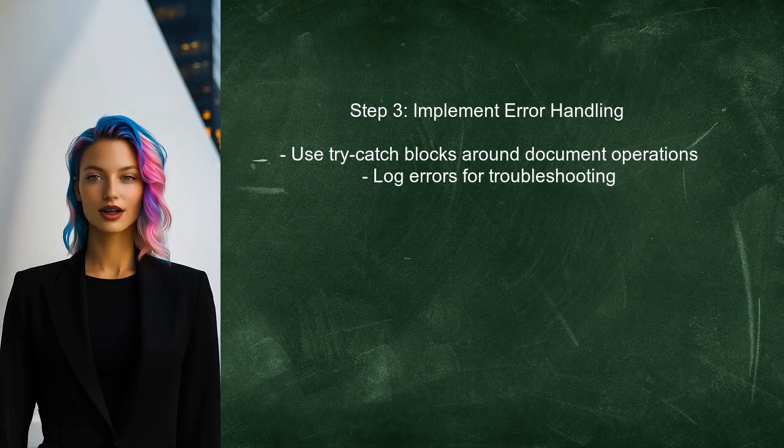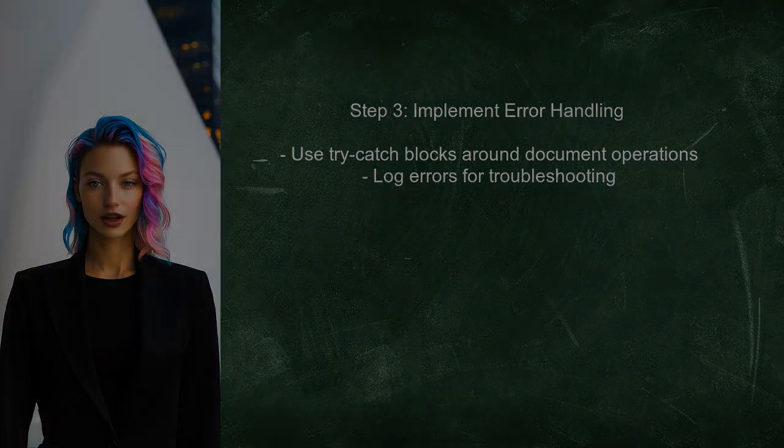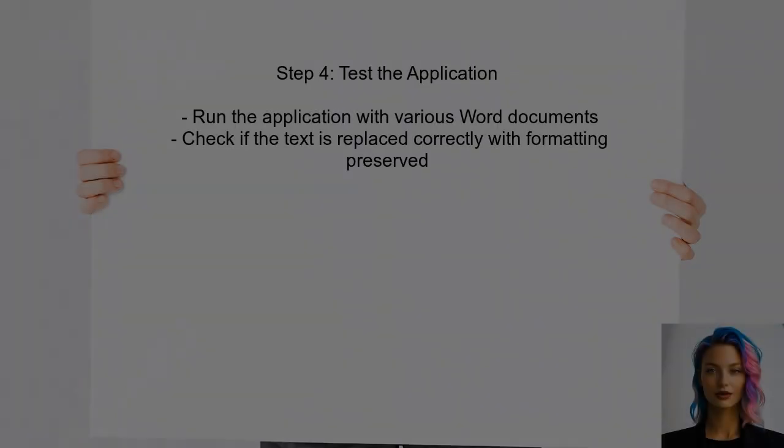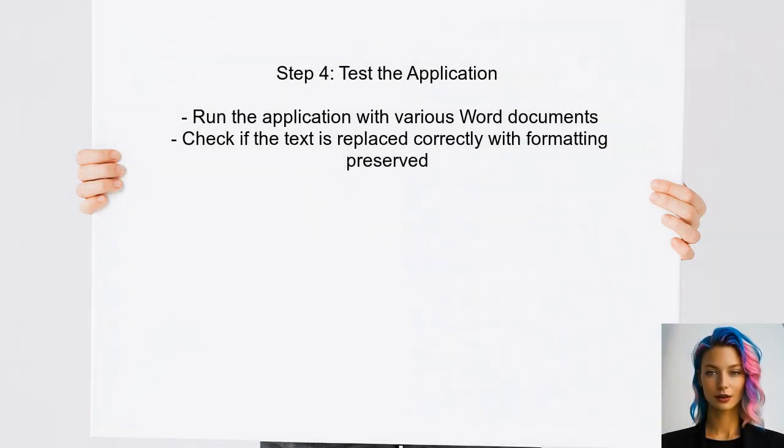Now, the user should implement error handling to manage any issues that may arise during the document processing. This will make the application more robust. Finally, the user can test the application by running it with different Word documents. This will help verify that the find and replace functionality works as intended.